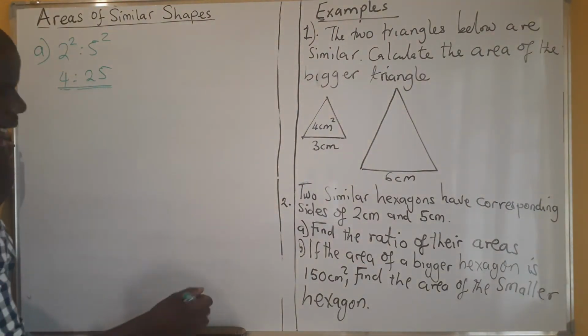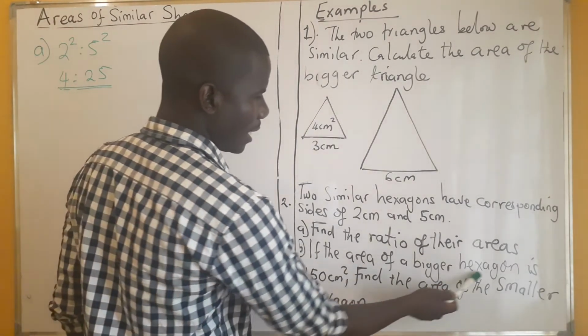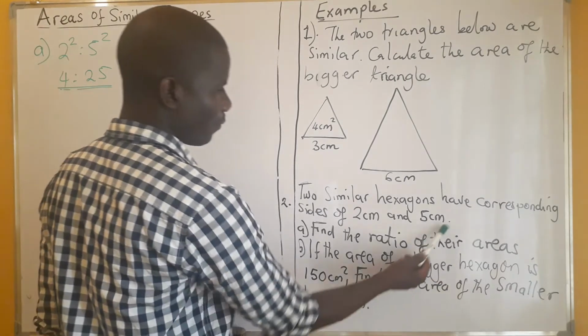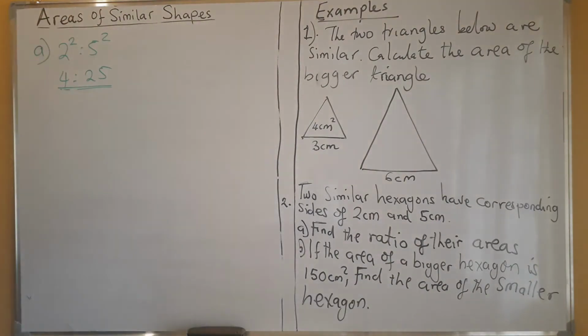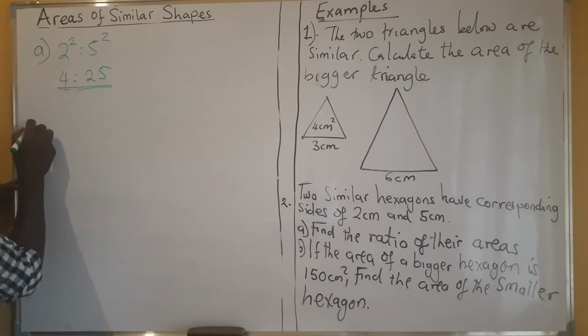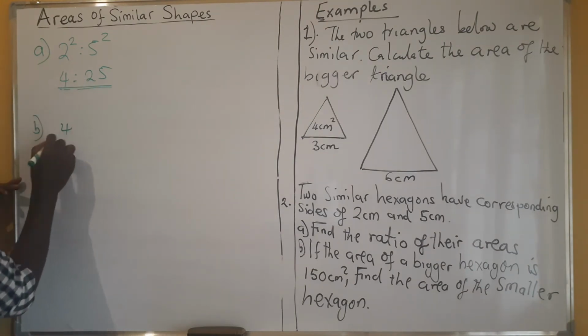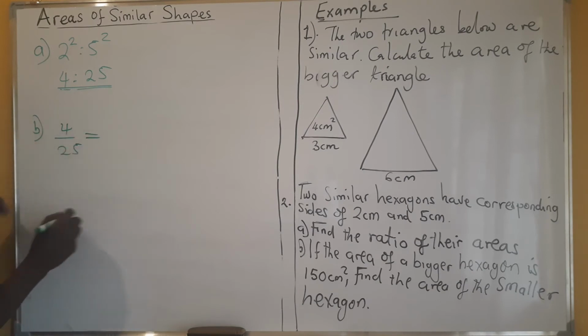So we are saying if the area of the bigger hexagon, of course, we know now it goes with this one, and find the area of the smaller. So now, having done this one, I'm going to come to the second part, which is B. I'm going to write it like this. Then this is equal to what?